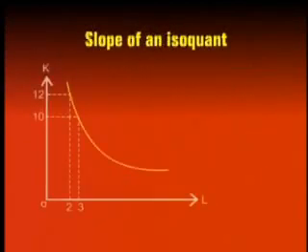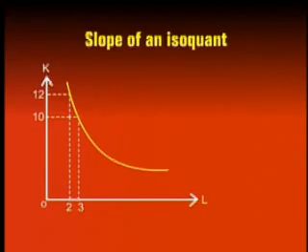But in a graph which plots the isoquant and which uses the axes K and L on the vertical and horizontal axes respectively, the marginal rate of technical substitution is exactly equal to the slope of the isoquant. To be precise, the MRTS between 2 points on the isoquant will equal the slope of the line joining those 2 points.